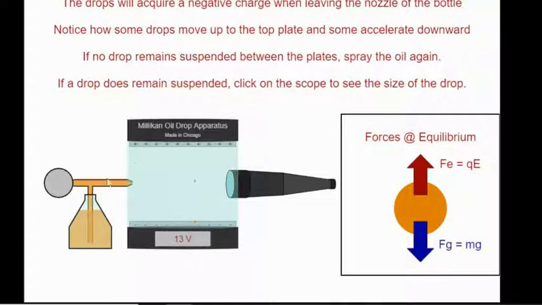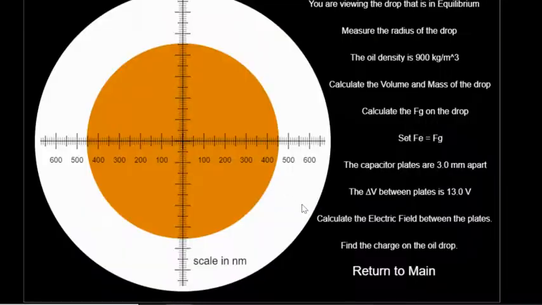The only thing that's missing in this simulation is that Millikan used an X-ray device to remove a certain number of electrons off the oil drops. This has just been emitted here. To see the oil drop, we now click on the telescope, and there is our oil drop. All the data that we need is over here, just to remind ourselves. The oil's density is there, the plates are 3 millimeters apart, and this one used 13 volts to get this oil drop to suspend.